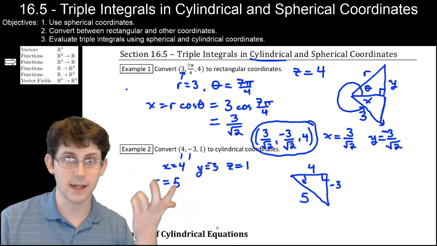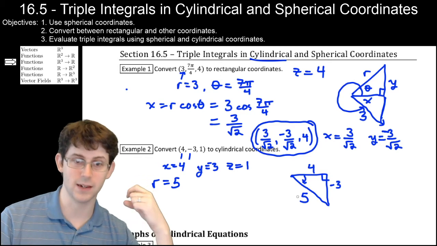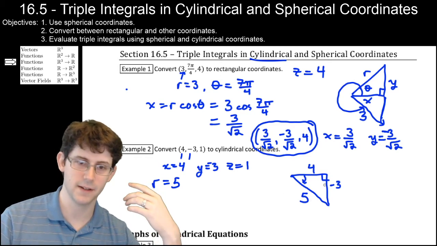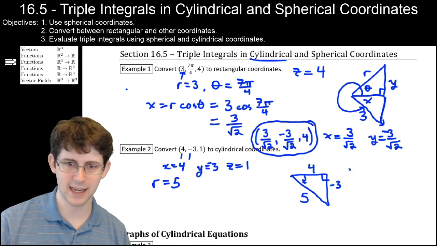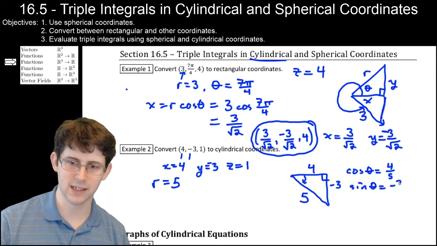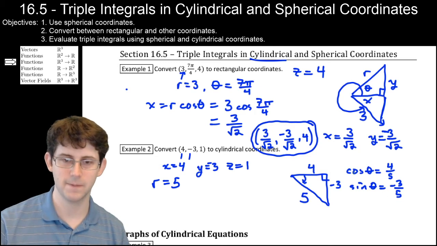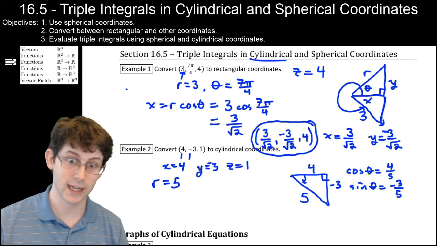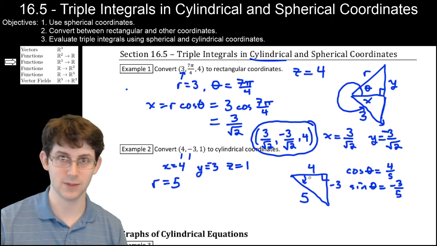If you used the formula, you'd use the Pythagorean theorem to do 3 squared plus 4 squared equals c squared, and you'd find c is 5. Then we need to figure out what this angle is. Whatever this angle is, the cosine of the angle is 4/5, and the sine of the angle is minus 3/5. But I need to come up with a name for this angle based on these. It's either going to be arc cosine of 4/5 or arc sine of minus 3/5. Those will be the easiest ways to write this angle.